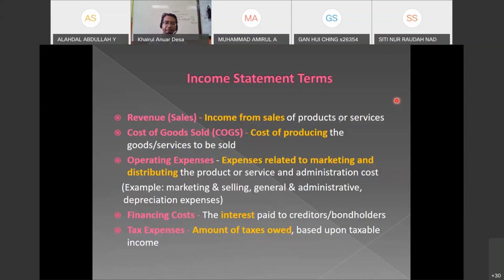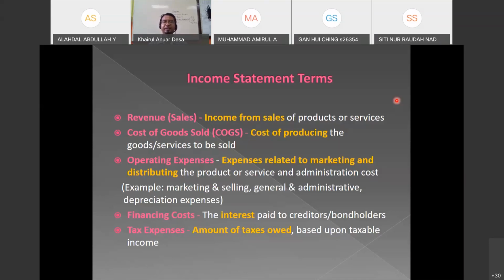Okay, now name me or give the example of the services company that you know. Syarikat-syarikat yang berasaskan perkhidmatan. They are no products, no real products. Okay.